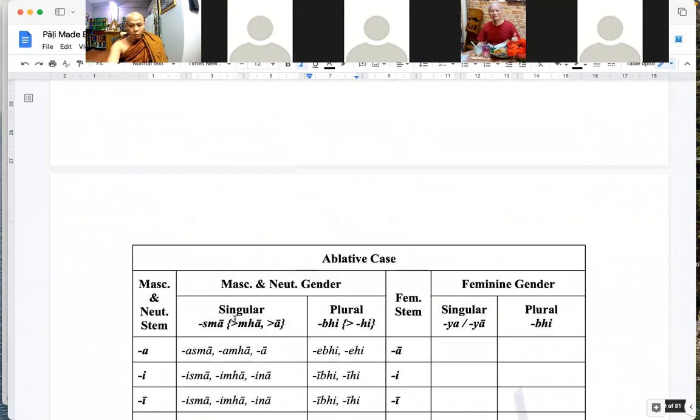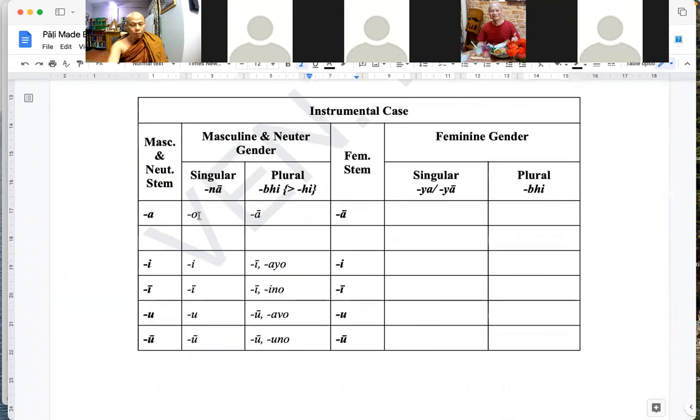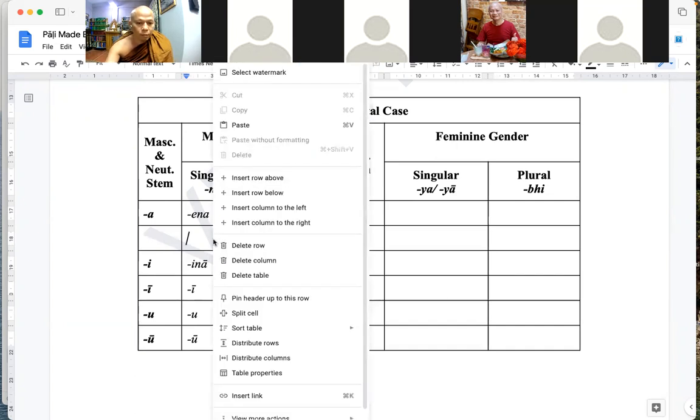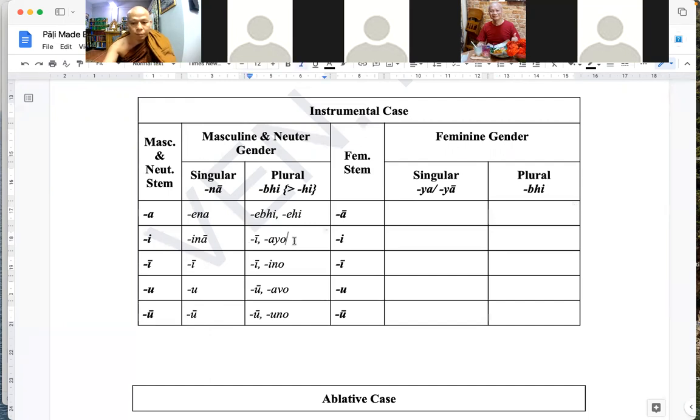Sorry, I need to change something. So ena, just copy in a, bhi, and the a, hi, and then ena. So ebhi, ehi.